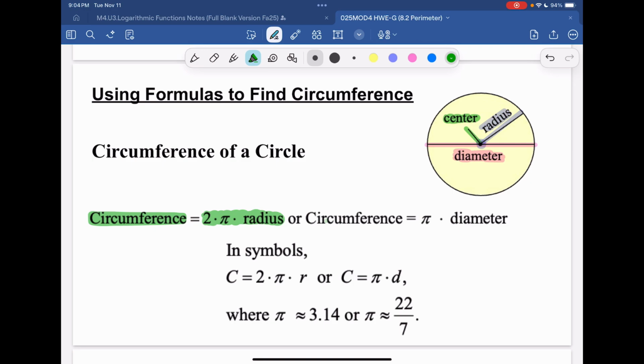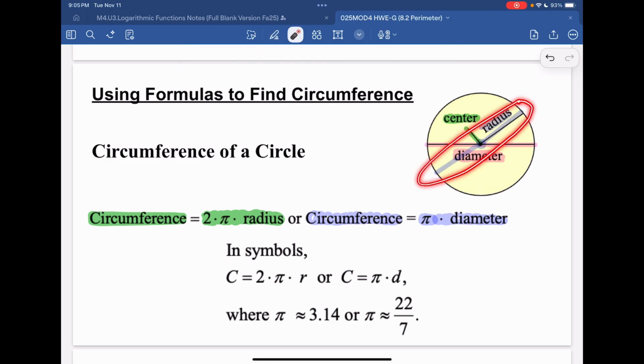Or we could find the circumference by taking pi times the diameter. And that's because the diameter is equal to 2 times the radius. If the radius goes from the side to the center and I extend that, you can see that 2 times the radius would be the same as the diameter.